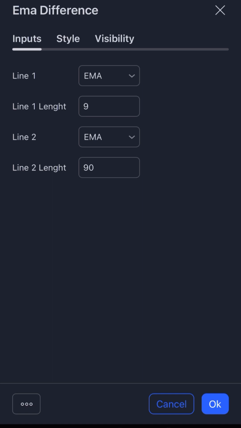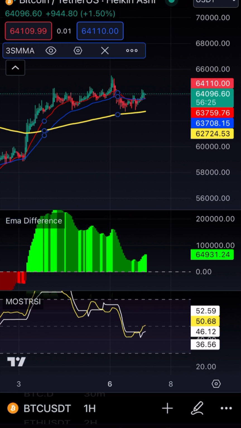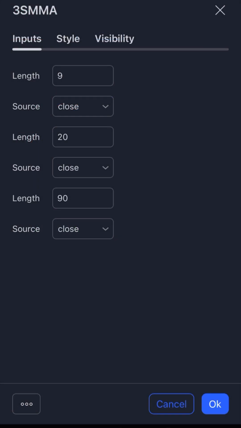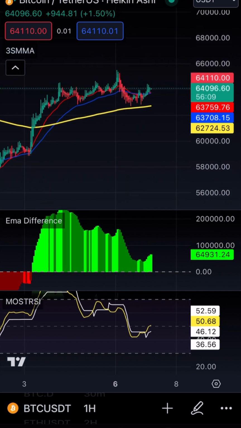This is reversed from the other videos, where the 9, 90, 95 was at the top and the EMA difference was at the bottom. So basically I just flipped it around.